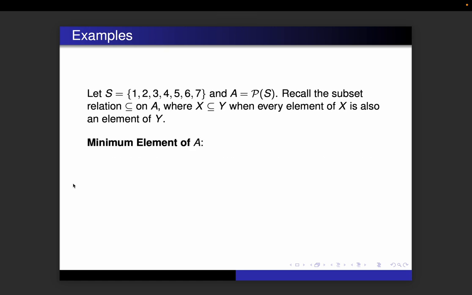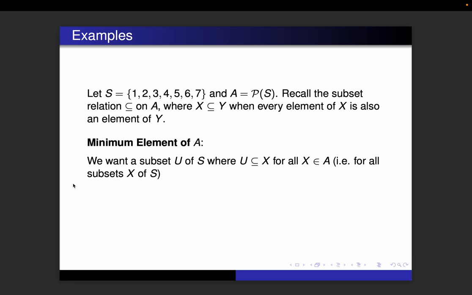Now let's see if we can think about the minimum element. Minimum element means some subset U of S, where U is a subset of X no matter what subset X we have that's an element of A. And that says U is a subset of X for all subsets X of S. And if you think about it for a little bit, it seems like the empty set is the one that we're looking for.